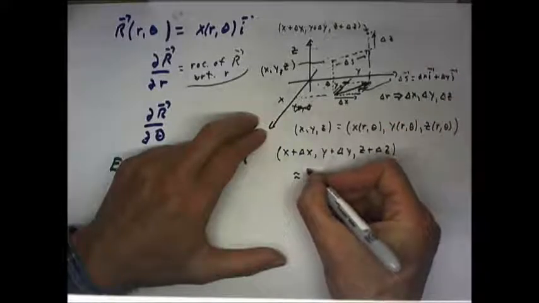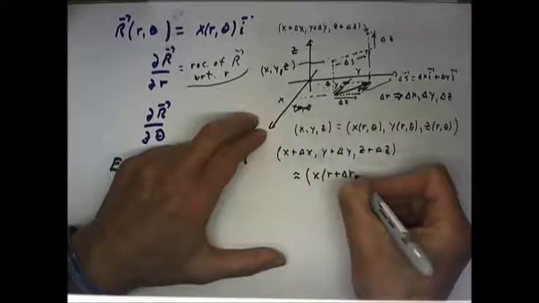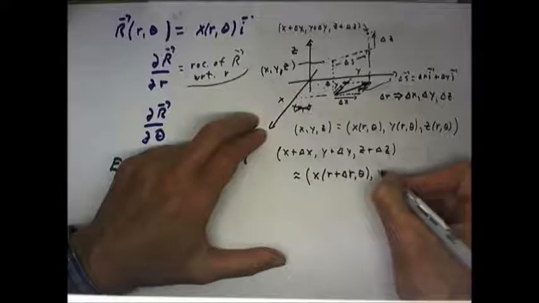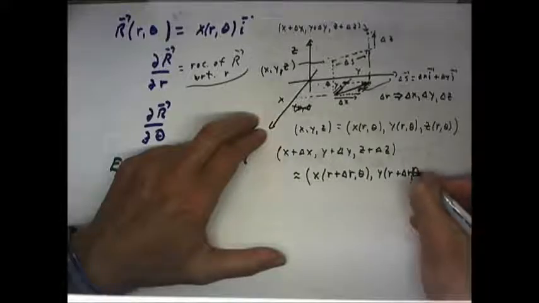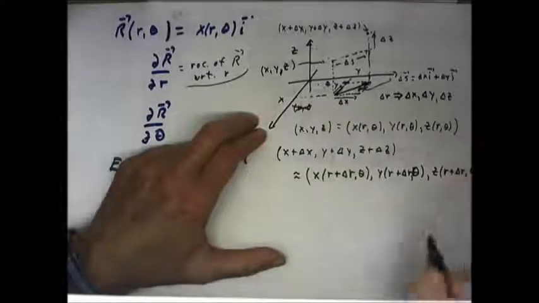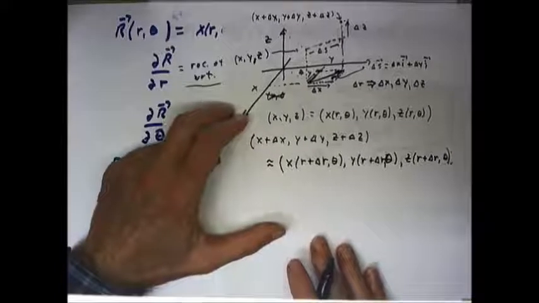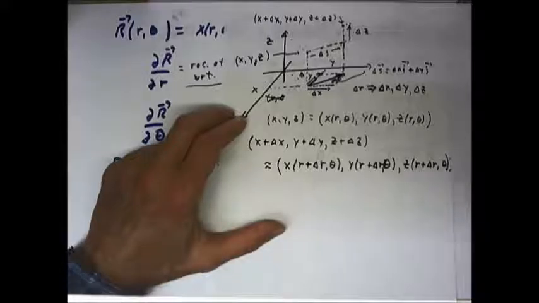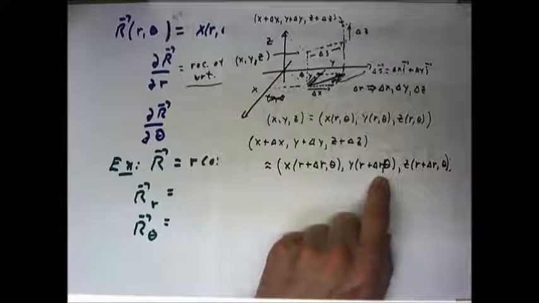So this point is x of r plus delta r, theta, y of r plus delta r, theta, z of r plus delta r, theta. Let's close that on the right side here. Okay. Now I've got a cross out and a kind of sloppy comma theta here, so I'm going to fix those.